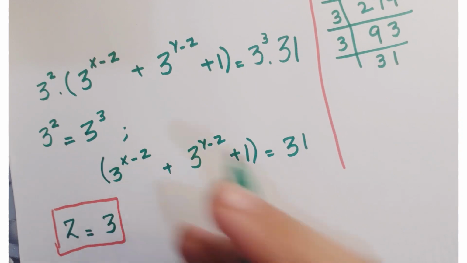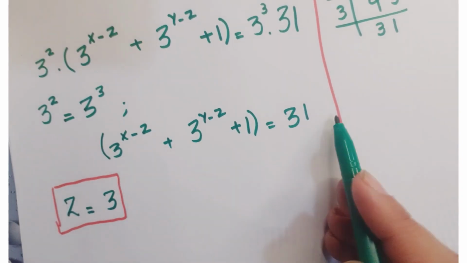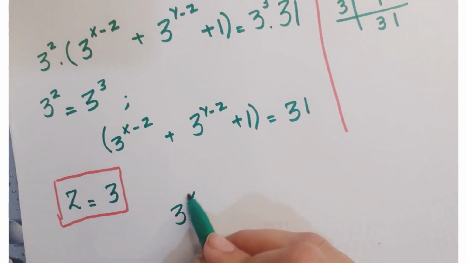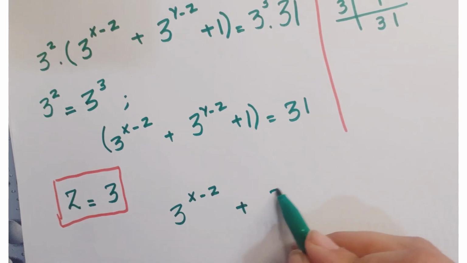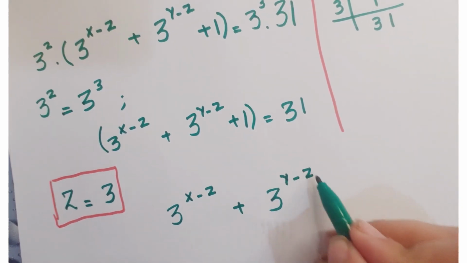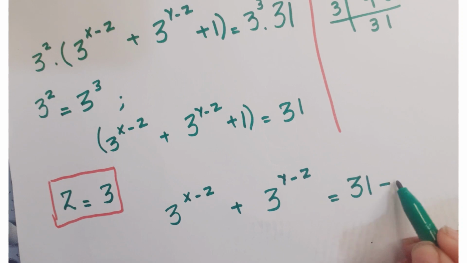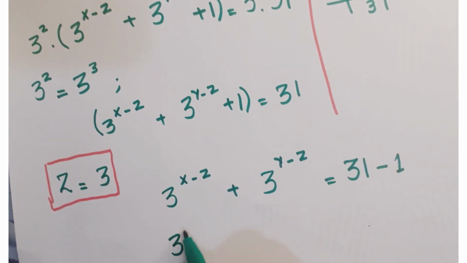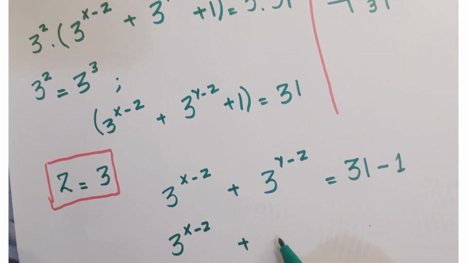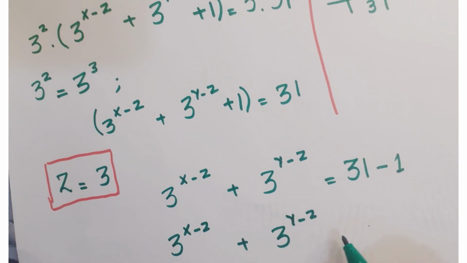Now according to our second equation, we can just move this 1 to the right hand side. 3 to the power x minus z plus 3 to the power y minus z is equal to 31 minus 1. Further you can write this as 3 to the power x minus z plus 3 to the power y minus z is equal to 30.